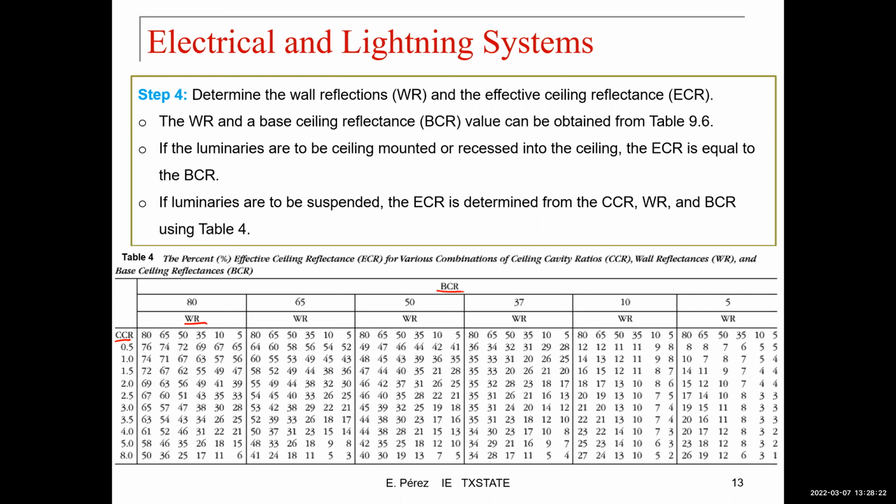Again, for the effective ceiling reflectance, we have to use all those other factors that we computed. So if we have a BCR of 10 with a WR of 50, and then a CCR of, say, 2, then the number for the ECR will be 13. So we have this tabulated information that takes into account the BCR, WR, and the CCR in order to get that effective ceiling reflectance.